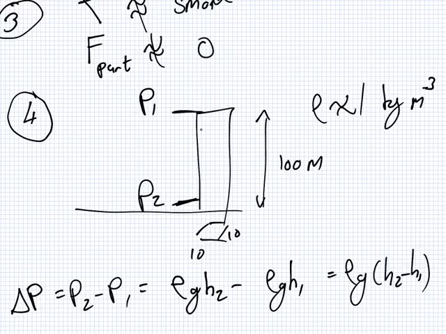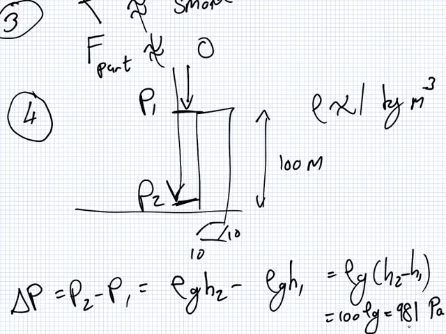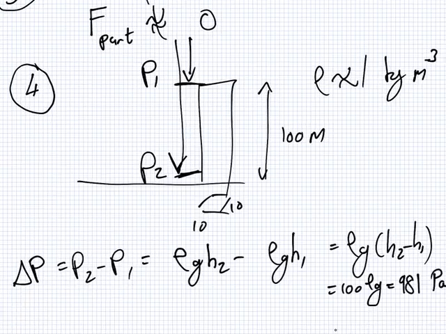And what's the difference in the heights? And remember, we're measuring from the sky, but that doesn't really matter. What's the difference in the heights? 100 meters. Yeah, so this is 100 rho g. Rho we said is about 1, so it's about 981 pascals. So actually it's about 1 kilopascal.